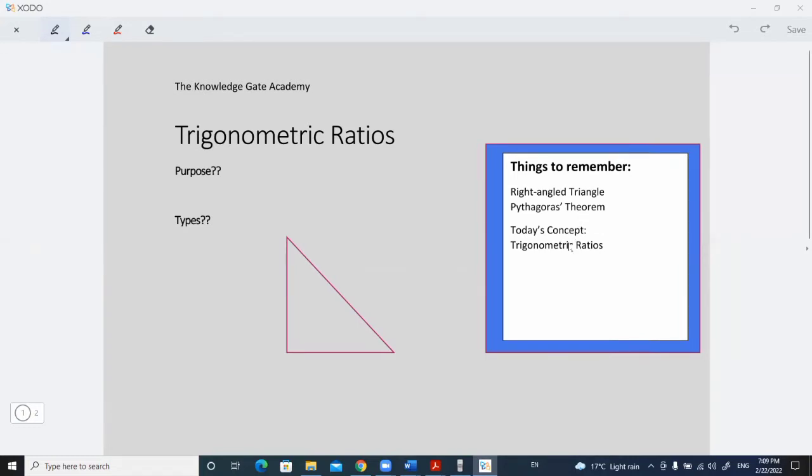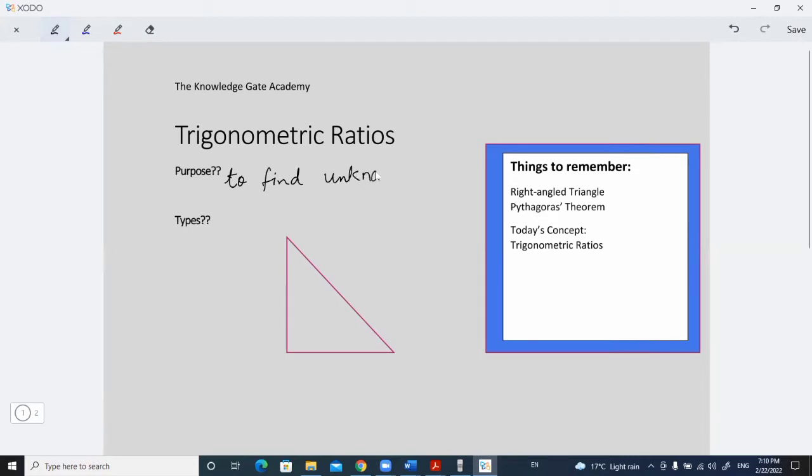But today's concept is a little bit different from the previous one, that is trigonometric ratios. First of all, we have to discuss the purpose of this topic. The purpose is to find unknown sides as well as unknown angles.